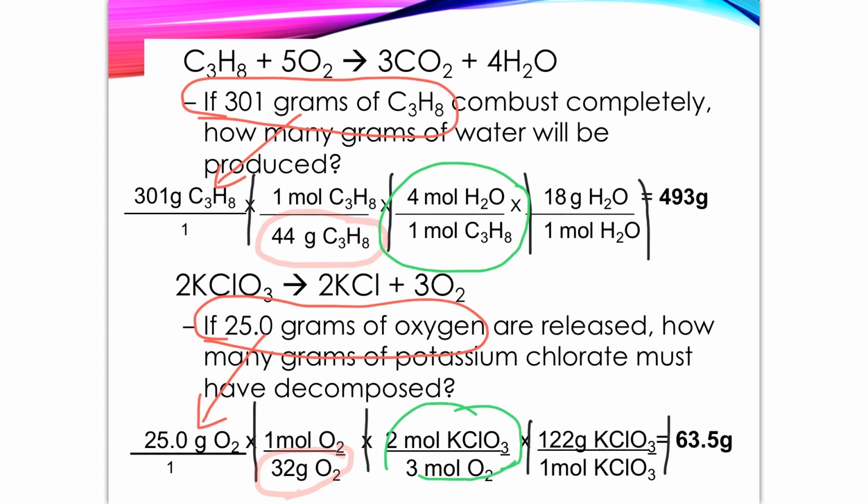Okay. Now, we have different materials that we want to find, right? This one says how many grams of water, and this one says how many grams of potassium chlorate, right? So we're looking for different ratios for different things, but the ratio there just comes out of the balanced equation. So potassium chlorate is this, and then water is this.